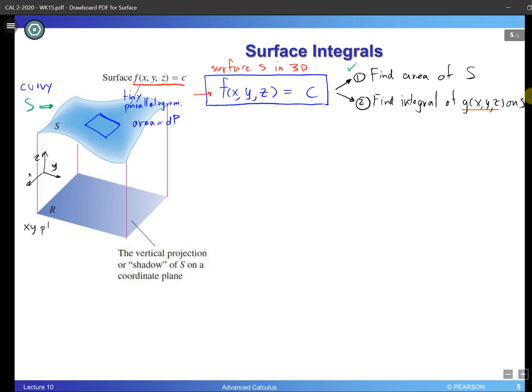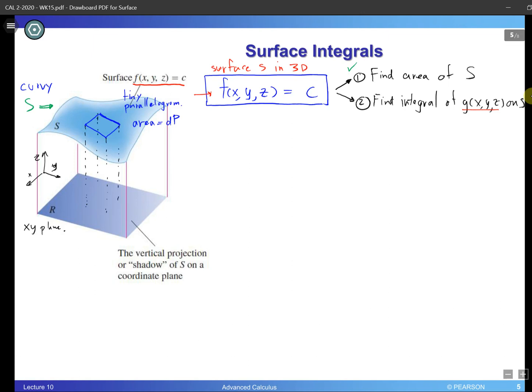Okay, let's find the projection of this dP onto the xy plane. So it should be something like this. Going down, straight down, and let's stop here. Same with this corner. Alright, all four corners.